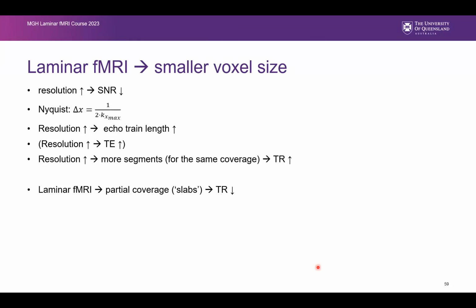The unofficial first acceleration strategy, it's not a real acceleration strategy because you're just cutting things off, but it's the one used most of the time: we are not covering the whole brain, we're just doing partial coverage, these so-called slabs, because that really helps us to get the TR down.